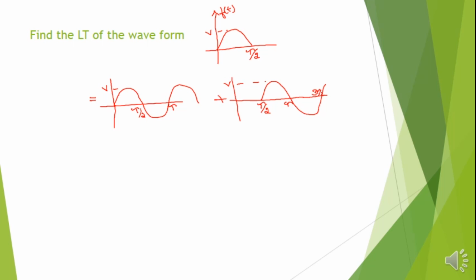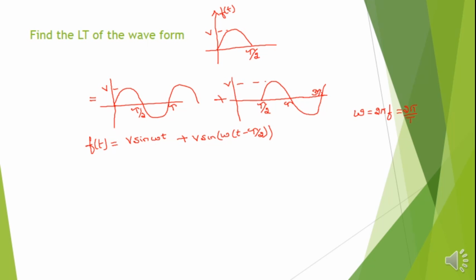So the sum of these two results in this. So f of t equals V sine omega t plus V sine omega t minus tau by 2, because it is a shifted one. Now the question is, what is omega? Omega is equal to 2 pi f, or equal to 2 pi by T, the time period.